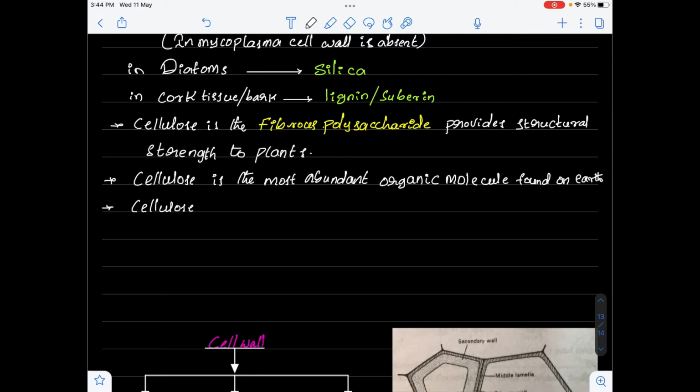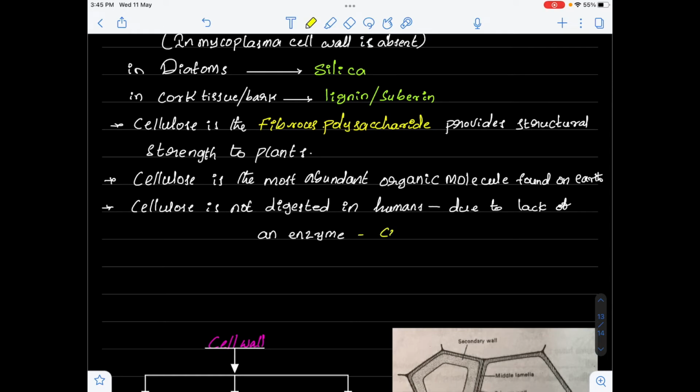And we know that cellulose is not digested in humans due to lack of an enzyme, cellulase.